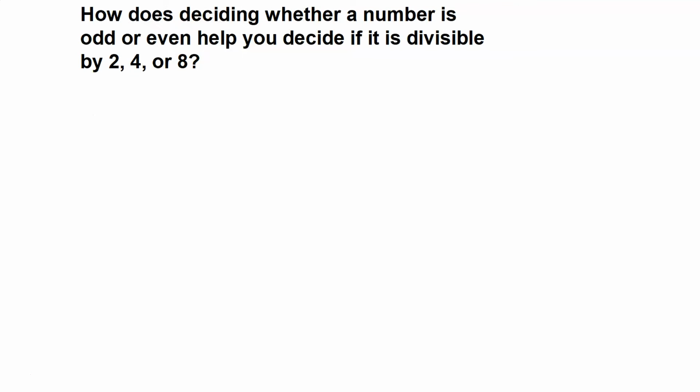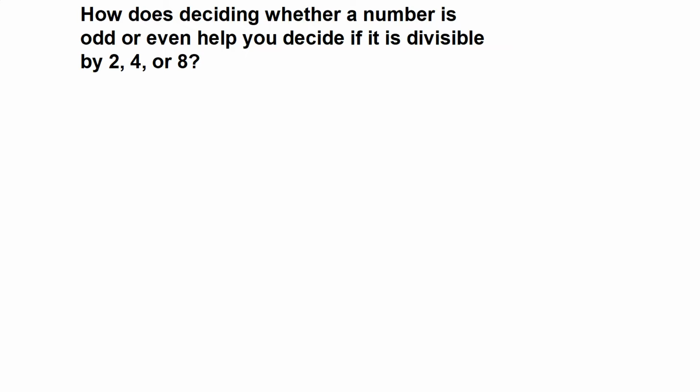How does deciding whether a number is odd or even help you decide if it's divisible by 2, 4, or 8? Well, the immediate answer is that if the number is odd, it won't be divisible by any of those, because in order to be divisible by 4 or 8, it has to be divisible by 2 as well.